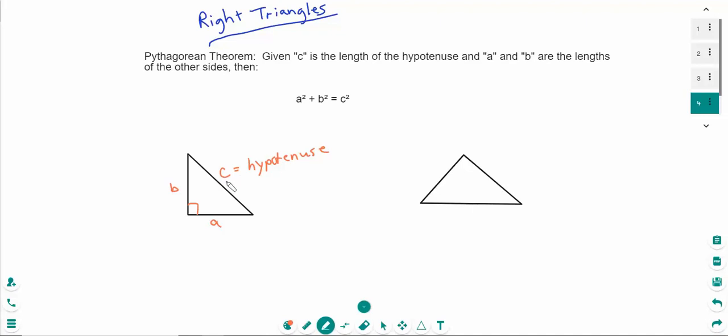Make sure that you're writing this down in your class notebook because you will need to remember this later on. Very important.